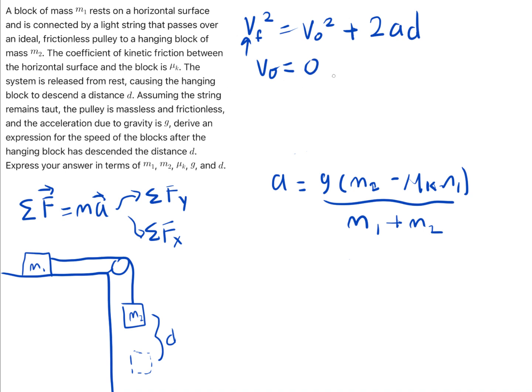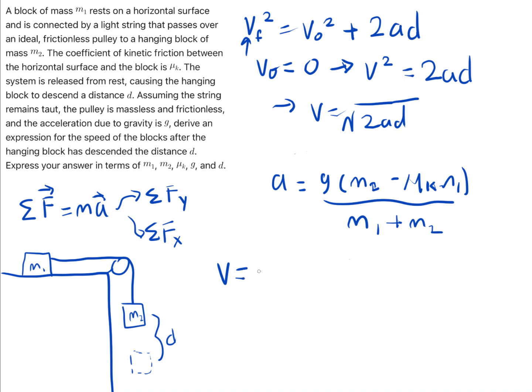So now if we plug all of this in, first let's drop this v0 term. And I'm going to drop the subscripts for this one too, but this represents the final velocity. So the final speed squared is equal to 2 times a times the distance d. So v is equal to the square root of 2ad. And now I can just plug in a into that expression.